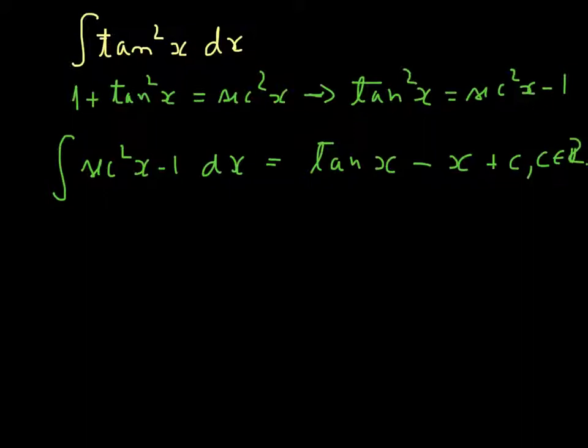This method can also be combined with the anti-chain method. See next slide. What if we have integral tan square of 1 minus 5x dx? See, maybe now you can see the value of the substitution, because you cannot solve this integral in one step.